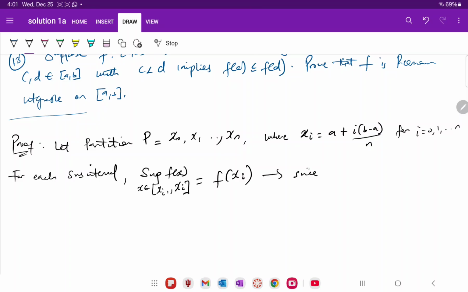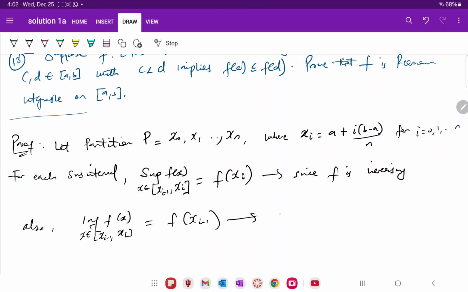This holds since f is increasing. Since f is increasing, your supremum will always be the end point of the sub-interval. Also the infimum of f of x for x belonging to xi minus 1, xi will be f of xi minus 1. The same condition, since f is increasing.